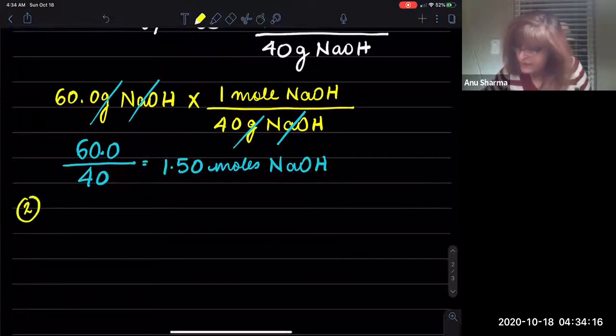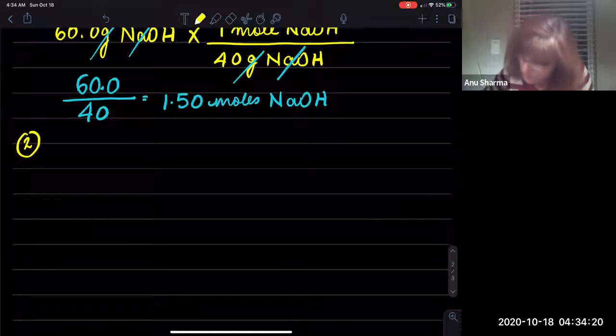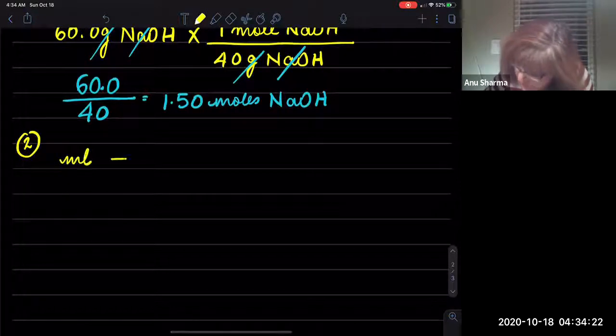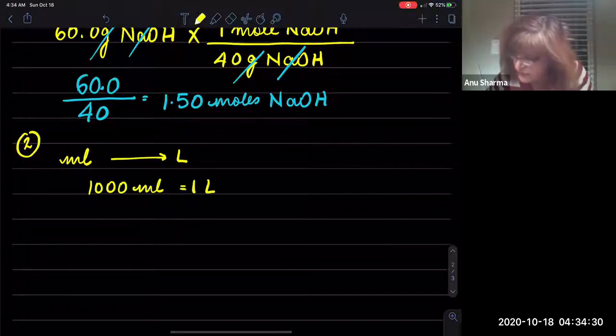Next, you take the conversion from milliliters to liters. You are given 250 milliliters of NaOH solution. We know that 1000 milliliters is equal to 1 liter.